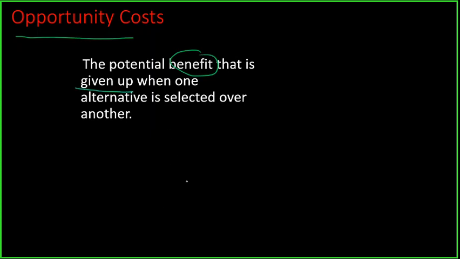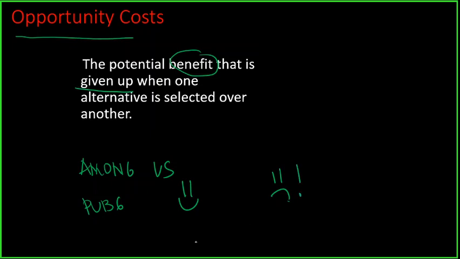Say right now you're supposed to be playing Among Us or PUBG, and you'd be happy, but no, you decided to watch this video. So this is a benefit forgone by choosing another alternative.